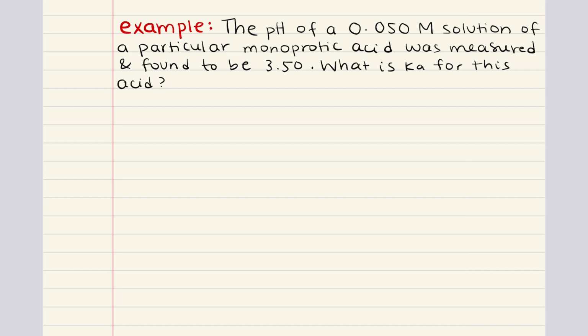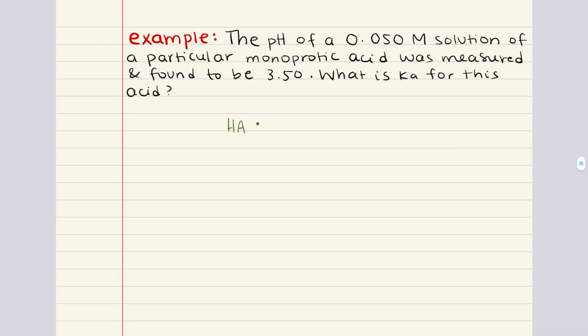So for our reaction here, we have our monoprotic acid in water. It's going to form hydronium ions and its conjugate base. We're going to go ahead and do that first step. We're going to set up an ICE table for this reaction.